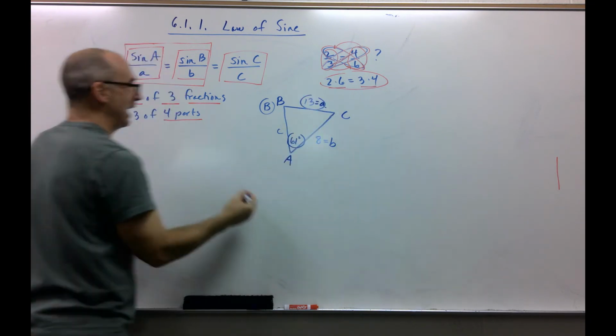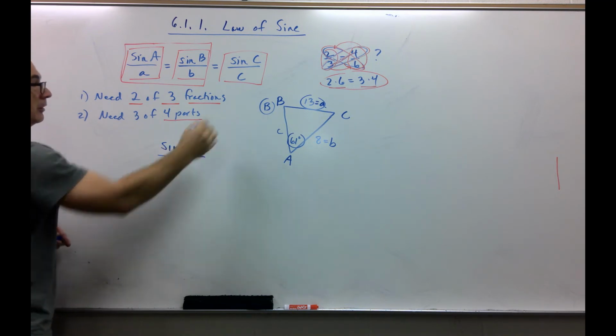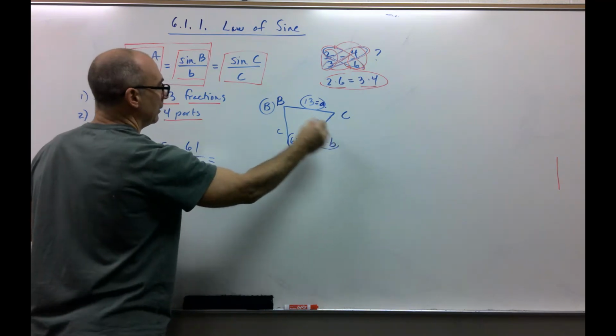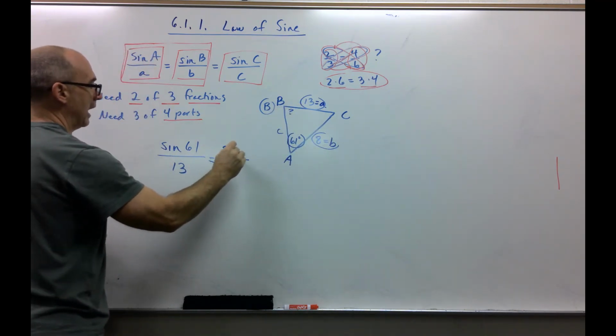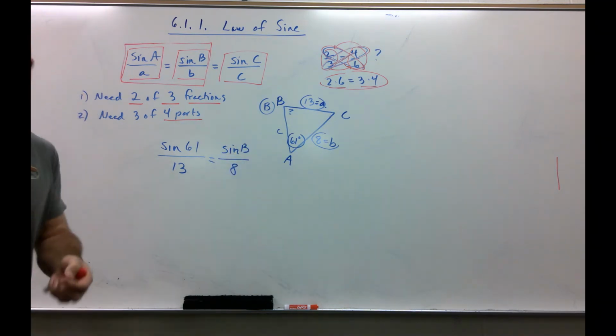I see that I have those two parts. So I'm going to go sine of angle A all over side A. The only side I have is B. So we're going to figure out what this is. So I'm going to go sine of angle B all over side B. Get out our little calculator here.